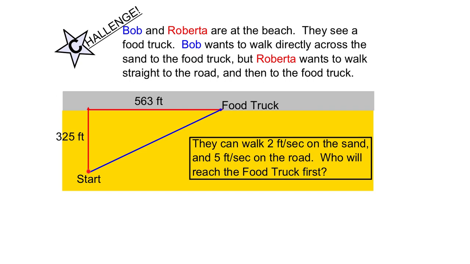Roberta, she walks up to the road and then along the road to the food truck. So she will walk through the sand and on the road. Remember, different speeds depending on what surface they're walking on. Pause the video and try this question if you're up for the challenge, and then you can check back in. I'll show you the answer soon.